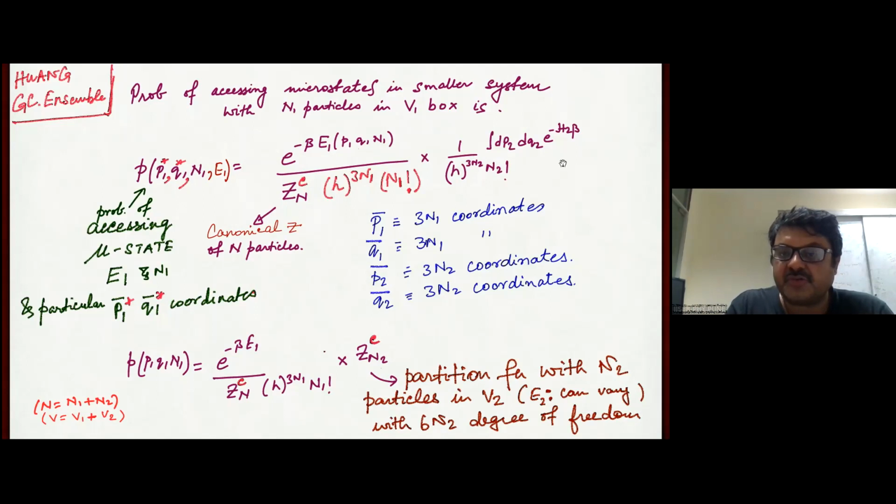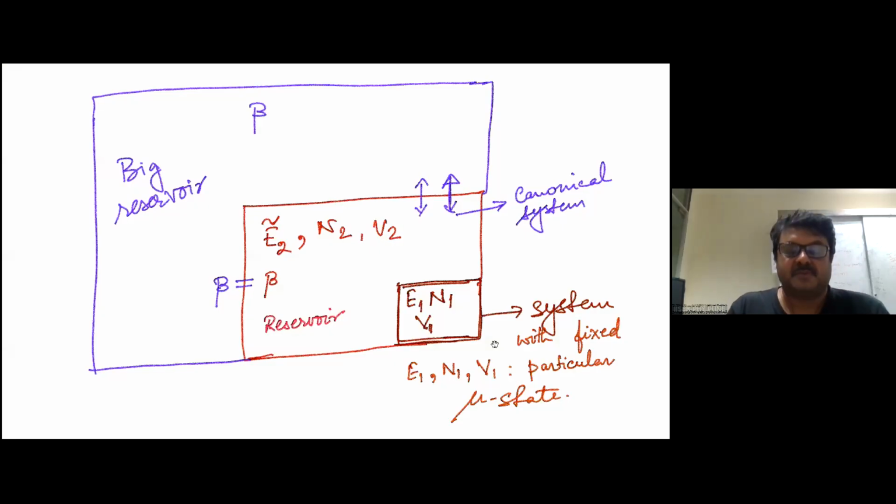These two contribute to the partition function for the reservoir, which is ZC, canonical partition function for the reservoir, and this is e to the power minus beta E1, right? So partition function with N2 particles in V2. E2 can vary with 6 N2 degrees of freedom.